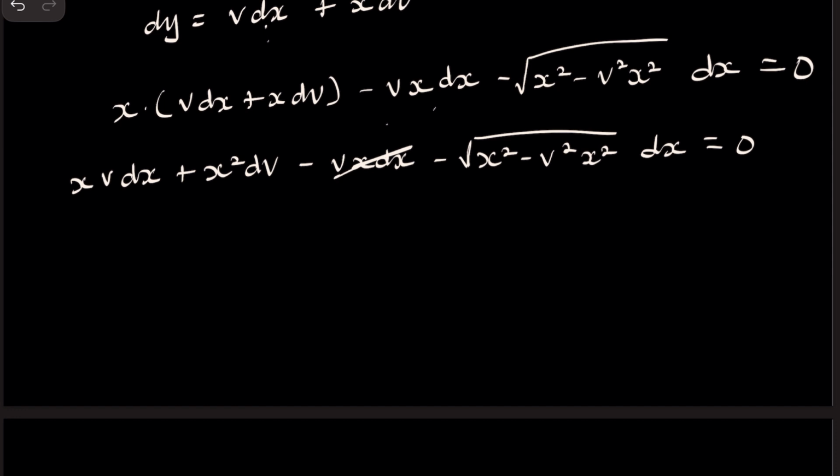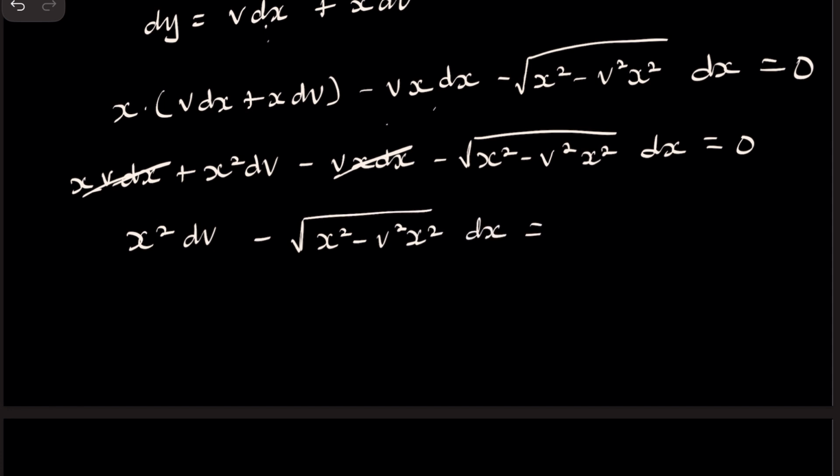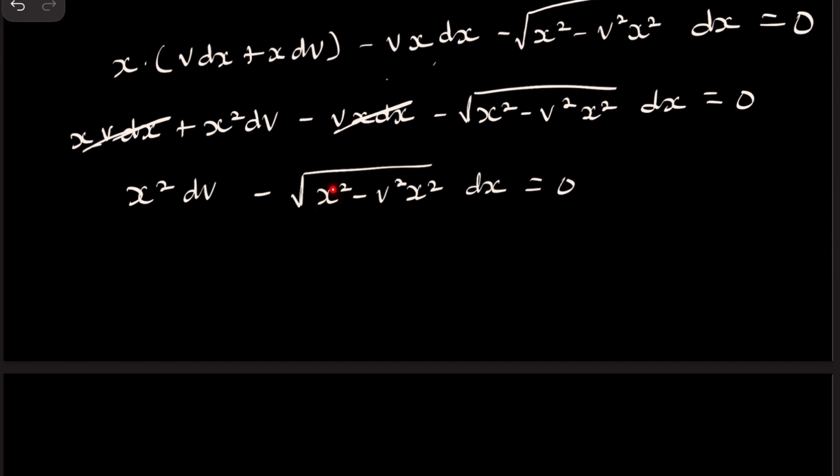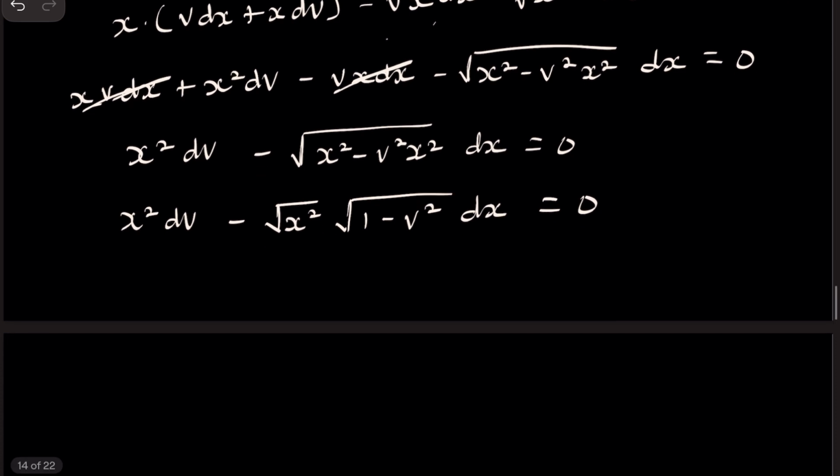So we are going to have x squared dv, then minus the square root of x squared minus v squared x squared dx is equal to 0. With this term also we can factor out x squared, and so we are going to have x squared dv minus square root of x squared, then 1 minus v squared dx is equal to 0.